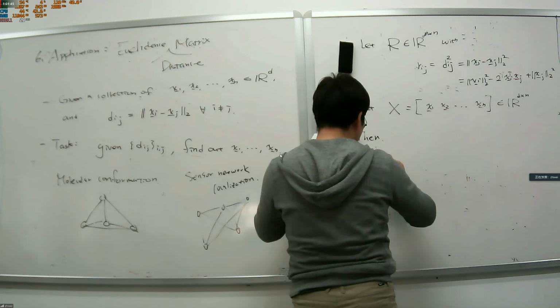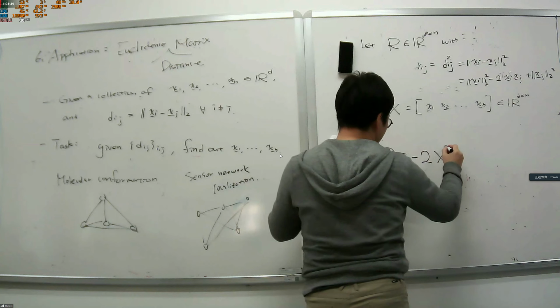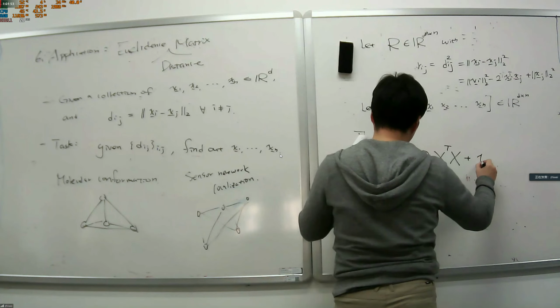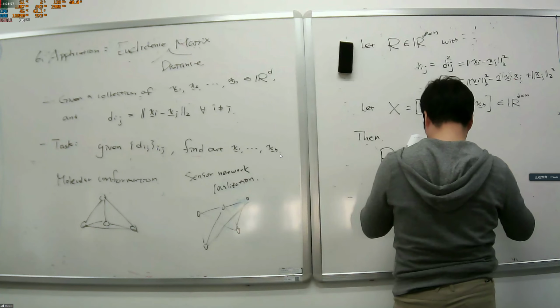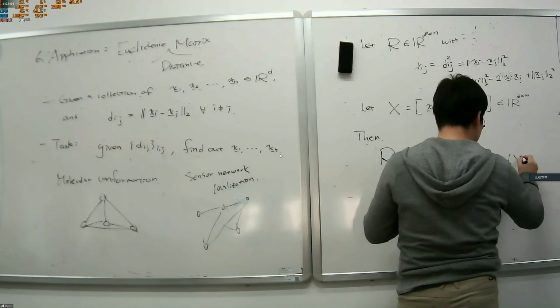You can check that R can be written as minus 2 times X transpose X plus 1 times a vector transpose, plus a vector times 1 transpose.